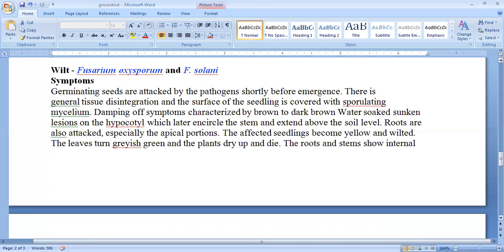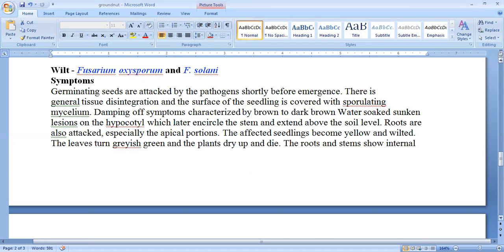Damping off symptoms are there, and brown to dark brown water-soaked sunken lesions are seen on the hypocotyl. They further encircle the stem and extend above the soil level. The roots are also attacked, especially the apical portion of the root, and ultimately the seedling becomes yellow and wilted. The leaves turn grayish-green and the plant dries and dies.